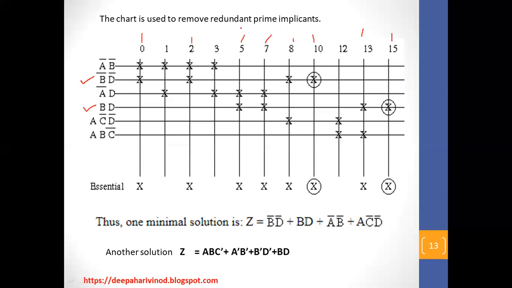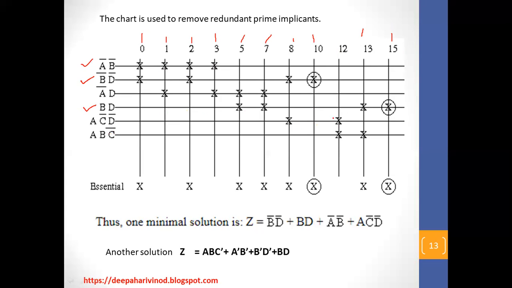Now which else is remaining? 1, 3, 12 are remaining. 1, 3: see, I can choose this a bar, b bar. So it covers 1 and 3. And now remaining is 12.